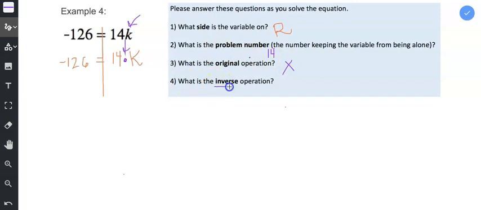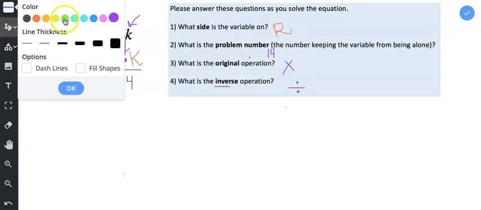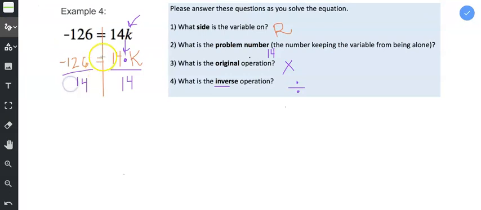What is the inverse or opposite operation? That would be division. So we're going to divide both sides by the problem number. We're going to divide both sides by the 14. Now on the right side, I'll use a different color to show that 14 divided by 14 is equal to 1. So we're left with 1k is equal to, and then I need to divide 126 by 14.